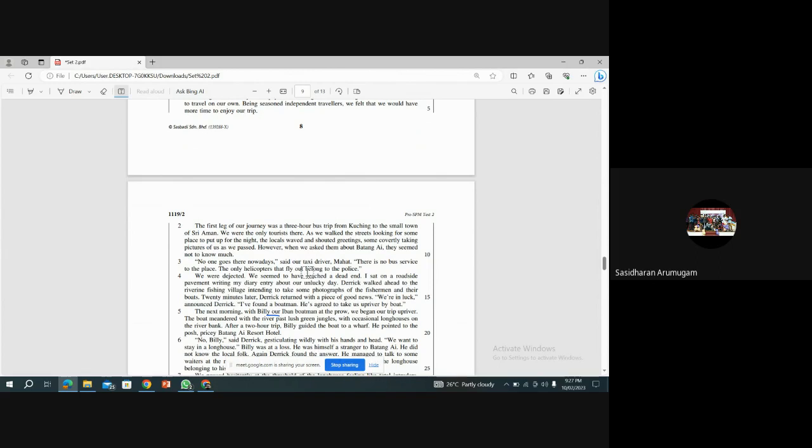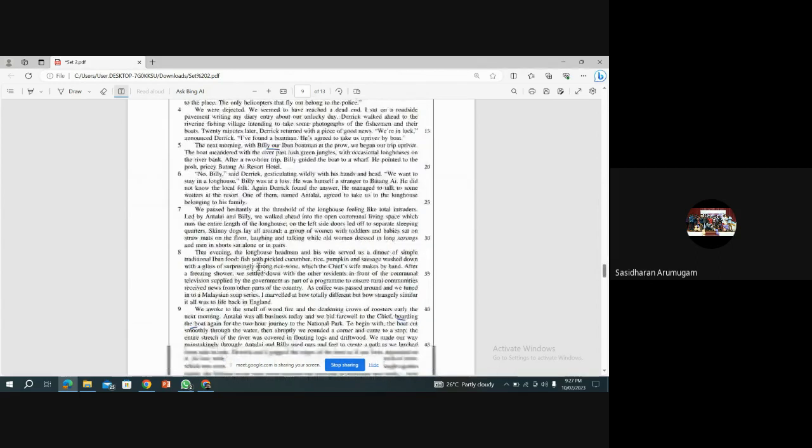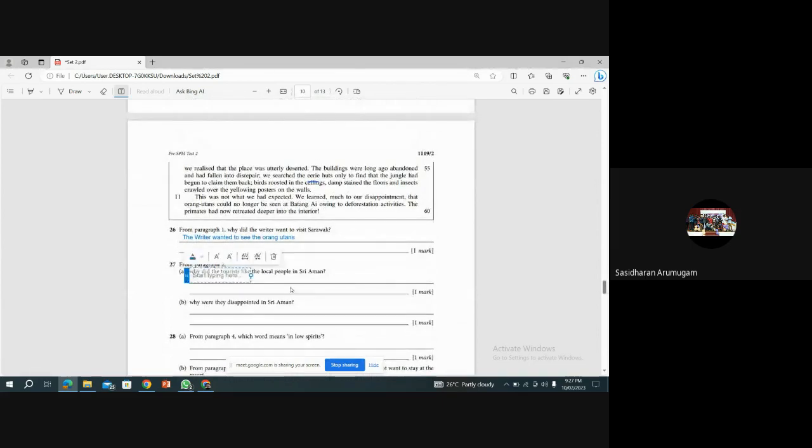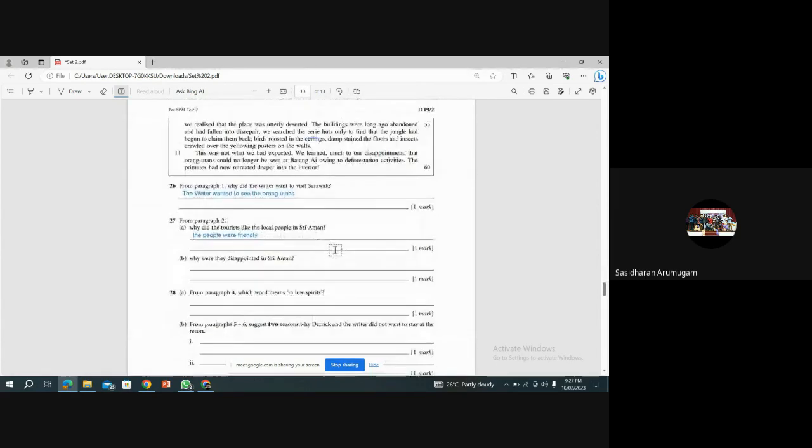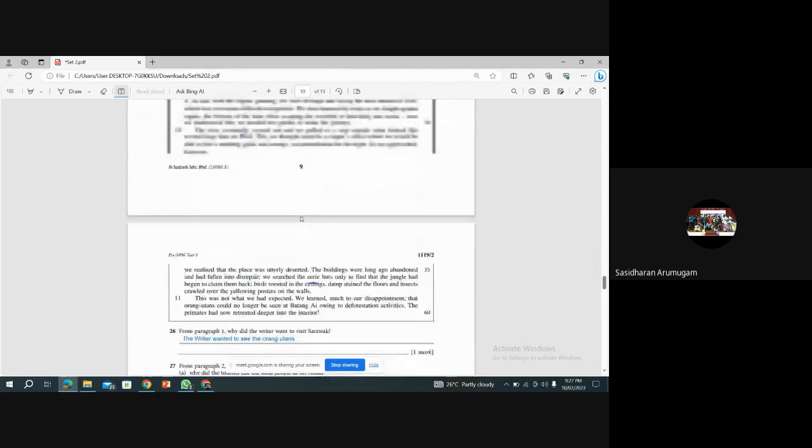You can say that people were friendly, yes. Okay, why were they disappointed in Sri Aman? Which paragraph is this? Oh, paragraph 2 also.